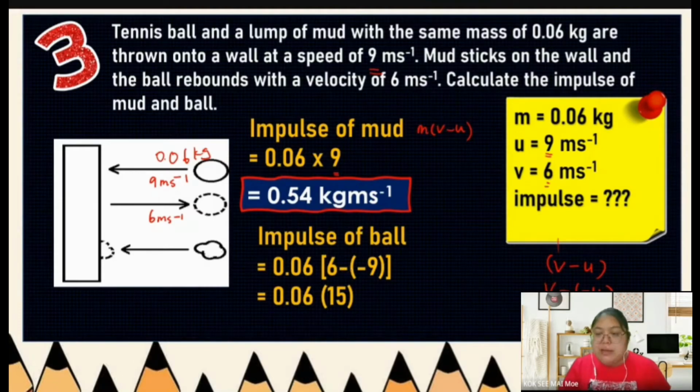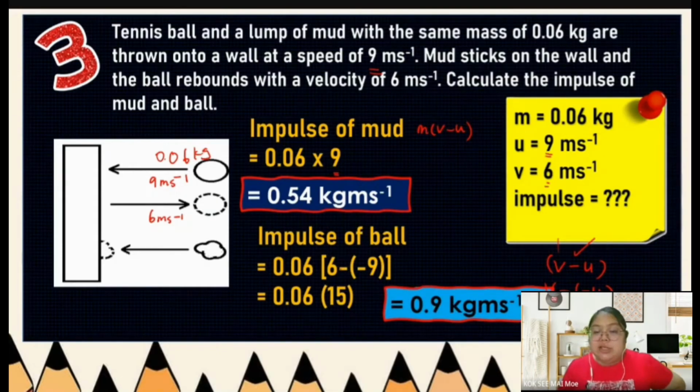Minus, must minus, because this is the formula. You cannot change the formula, v minus u. But your u is negative 9 because they move in opposite directions. So I put negative 9. The negative multiplied by the negative becomes positive, so they become 15. So my final answer, the impulse, is also positive.